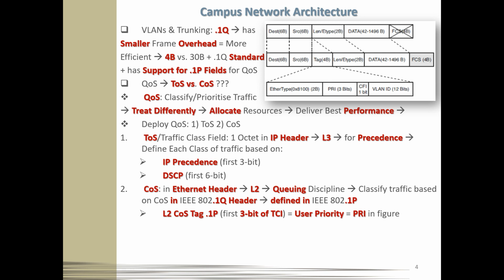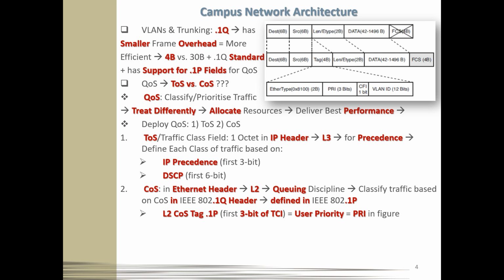So the tag protocol identifier TPID identifies the frame as, in this case, an IEEE 802.1q tagged frame based on the value 8100 in hexadecimal. Then the last 2 bytes are TCI, tag control information. As I just mentioned, we're going to have the first 3 bits of the TCI as PRI, priority for 802.1p, layer 2 CoS, class of service.